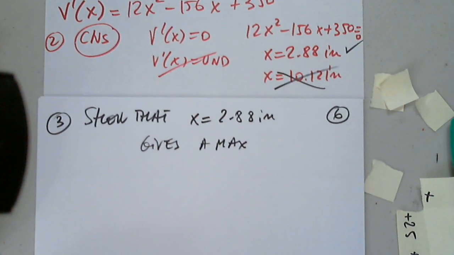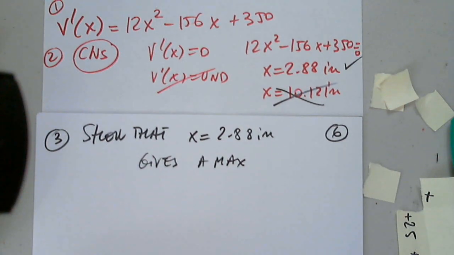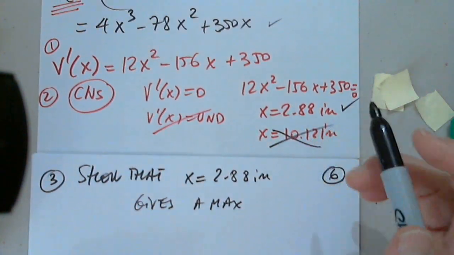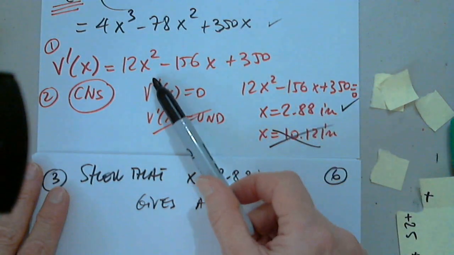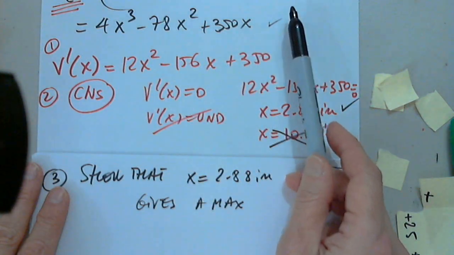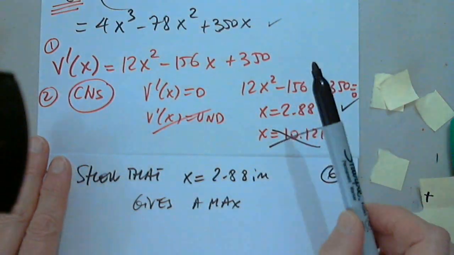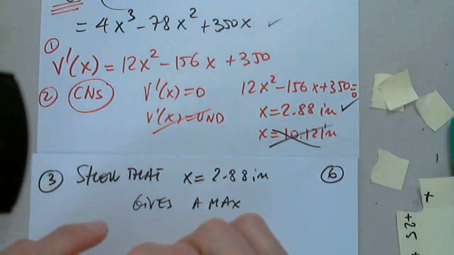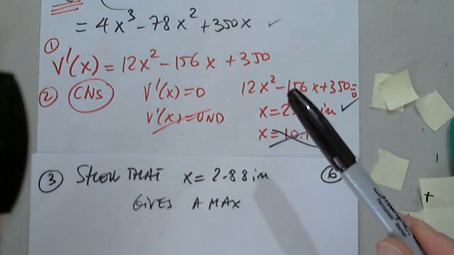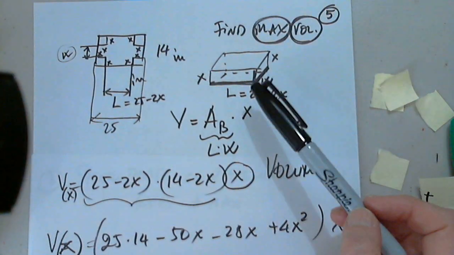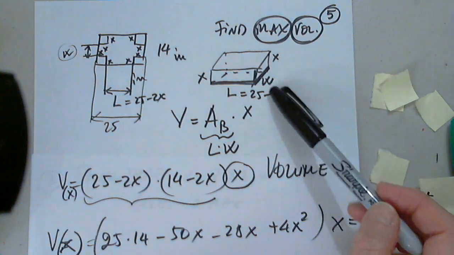Okay, how do we do that? Is it a maximum because it's positive? I was just looking at that, and I was thinking that's why we always do this, to make sure that there is no error. We were asked, I don't have the problem, but I'm assuming I read it correctly, right? They wanted us to find the maximum volume.